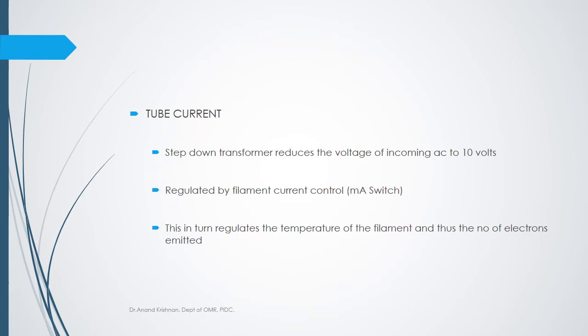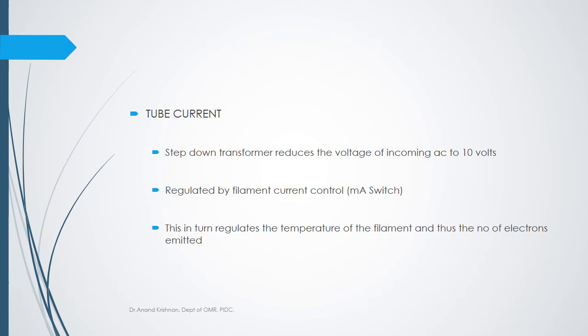And tube current is generally the amount of electricity. So here we have two basic values that you will very commonly come across when you talk about tube current and voltage: mA, milliampere, and kilovoltage, kVp.